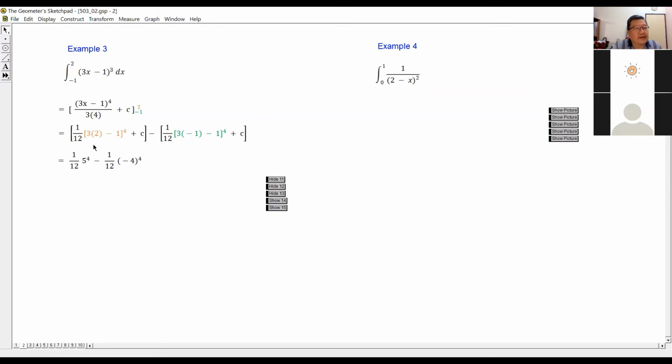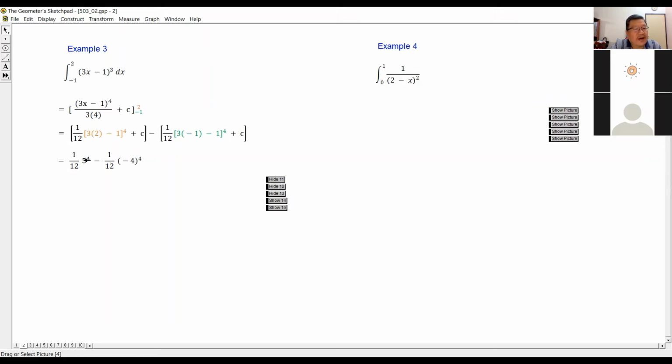So the c and the c will cancel away. From now onwards, I'm not going to put the c anymore, because we know the c will cancel away. We look at this. 3 times 2 is 6. 6 minus 1 is 5, sorry.